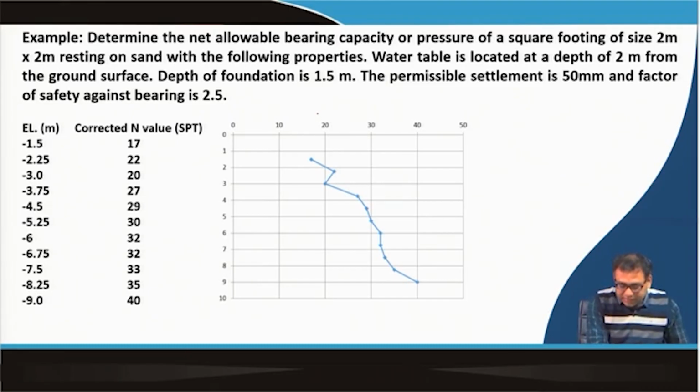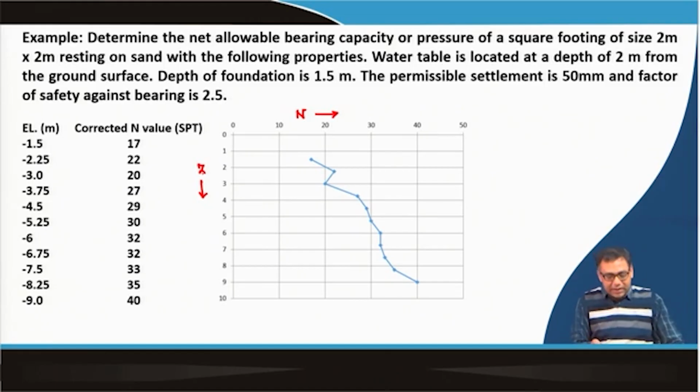So, this is my corrected SPT value. This is the N value and this is the depth, Z, the elevation or depth from 0 to 10 meter. Here the SPT values are given at 0.75 meter intervals. At 1.5 meter the SPT value is 17 and at 9 meter the SPT value is 40.